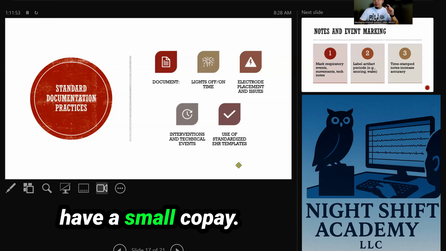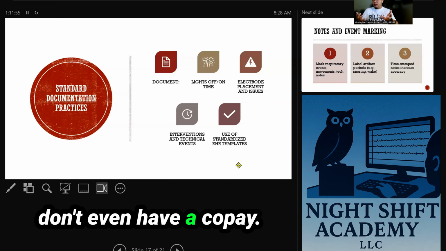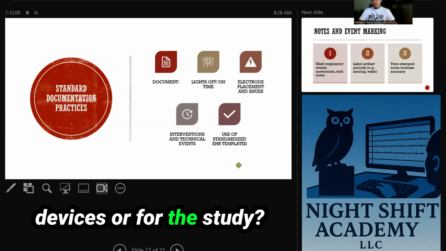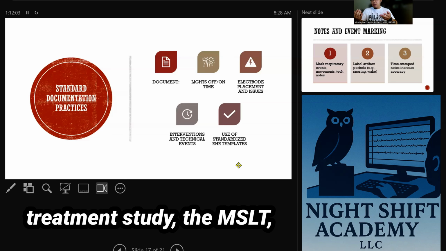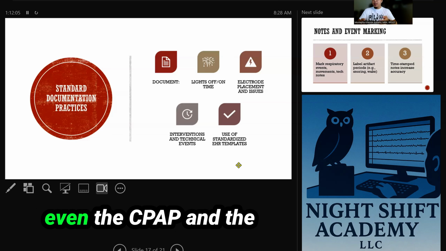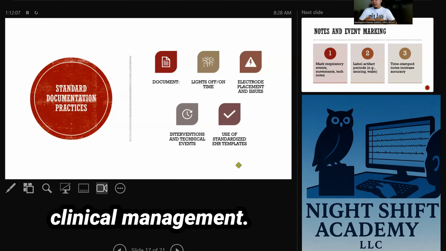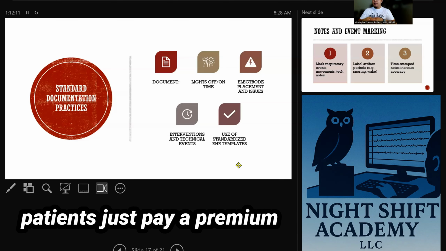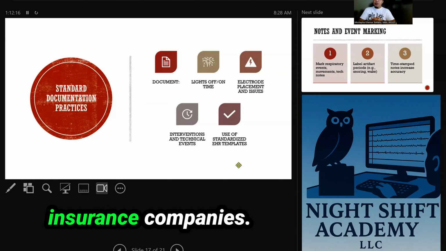They usually have a small copay, and some of them don't even have a copay. It's their insurance companies that pay for the study, the treatment study, the MSLT, even the CPAP and the clinical management. These are all paid for by the insurance, and the patients usually just pay a monthly premium to their insurance companies.